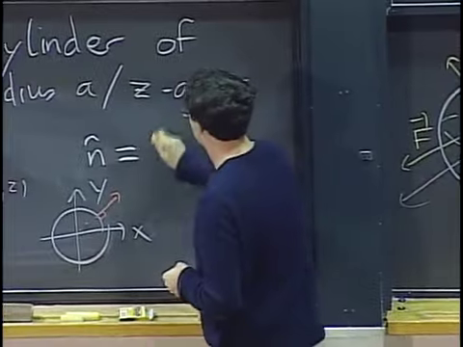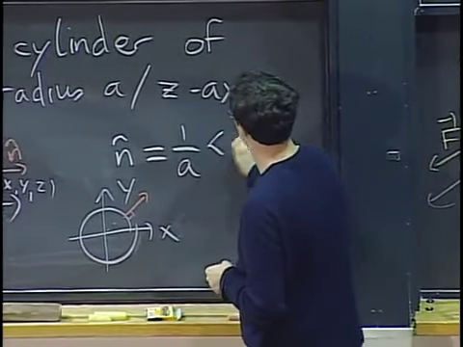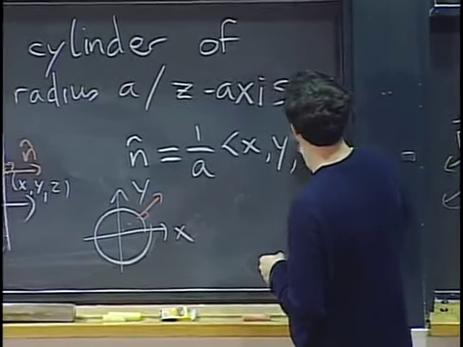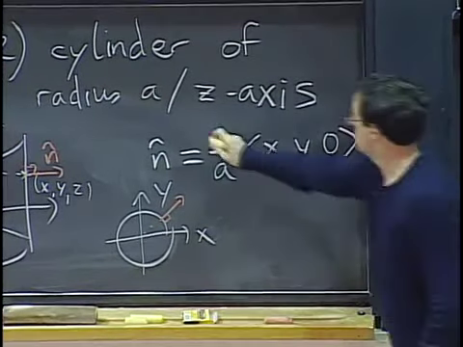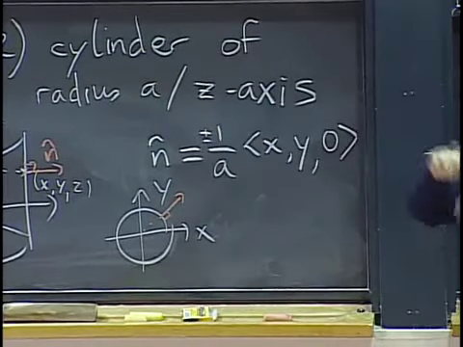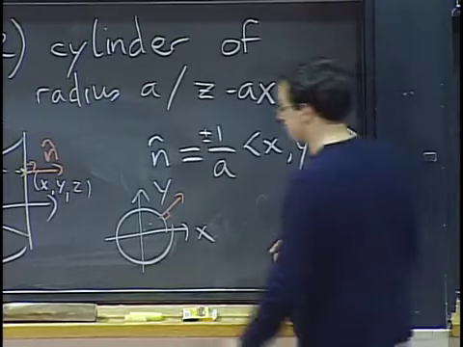The normal vector for that is just going to be x, y, and 0 in the z component, plus minus, depending on whether you want it sticking in or out.